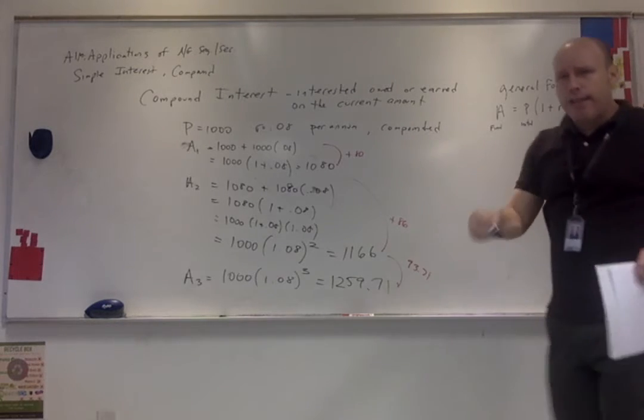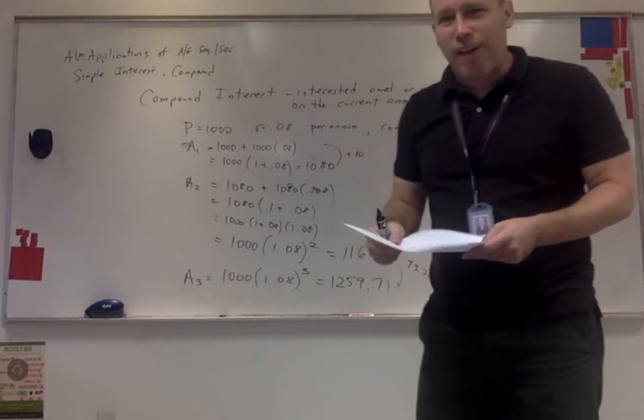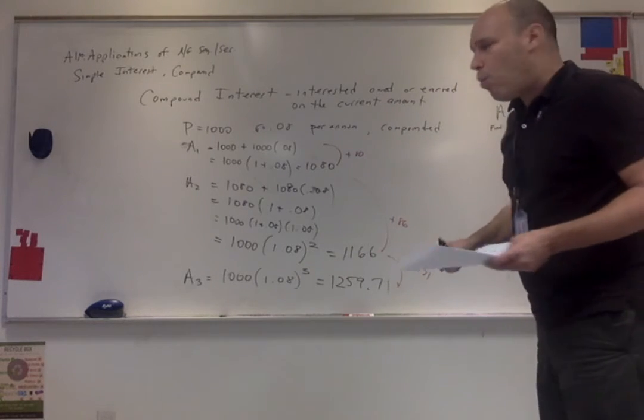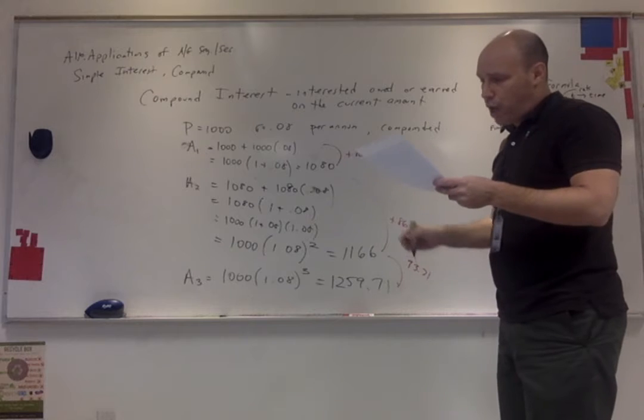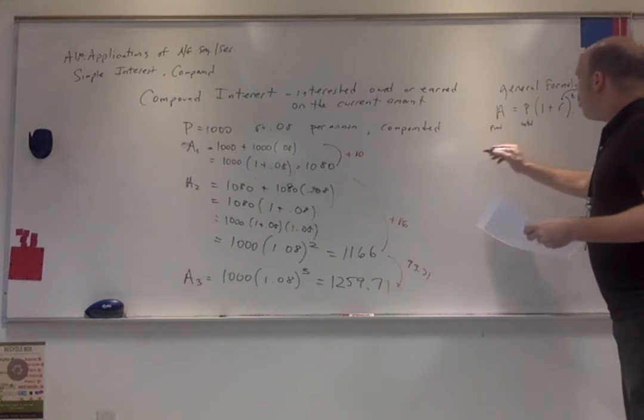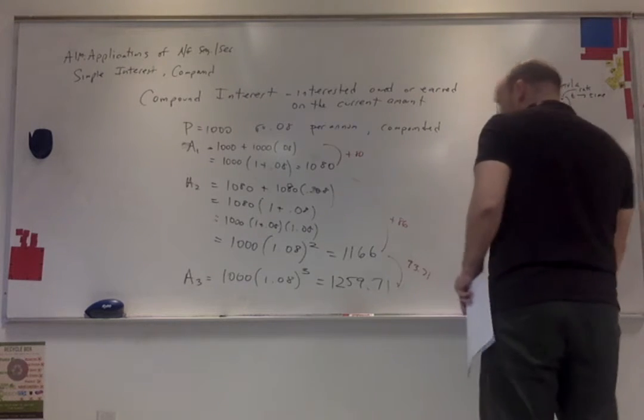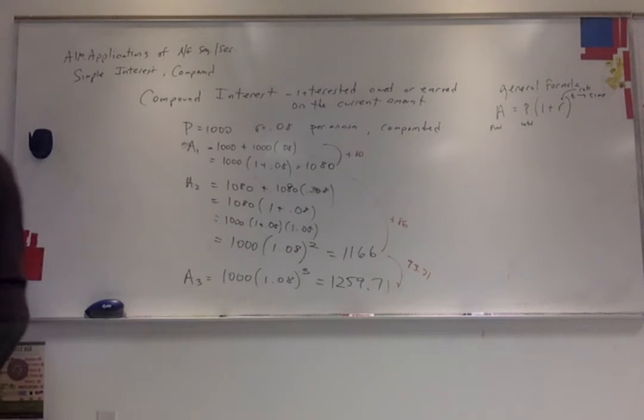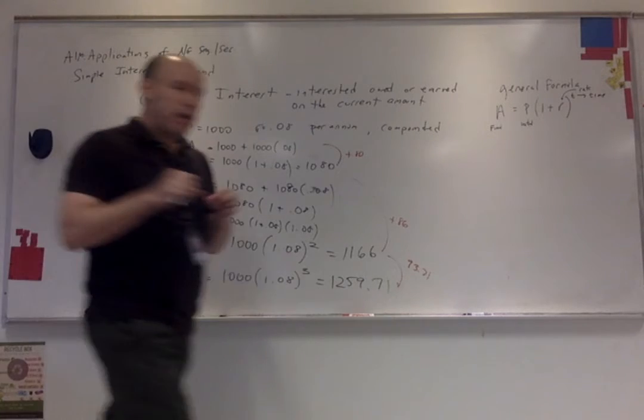Okay, but you're not going to see that formula in the formula booklet. You're going to see something a little bit different. We're going to introduce time periods. Let's see if I can use pink.